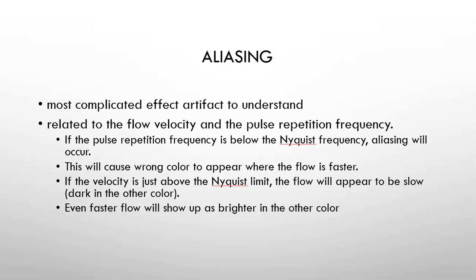This causes either the wrong color to appear, or it causes the flow to appear on the baseline in the wrong direction. If the velocity is just above the Nyquist limit, then the flow appears to be very slow, in the other direction.